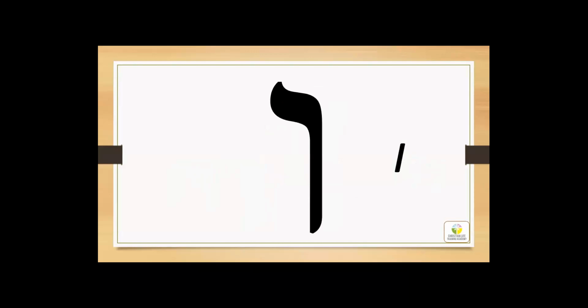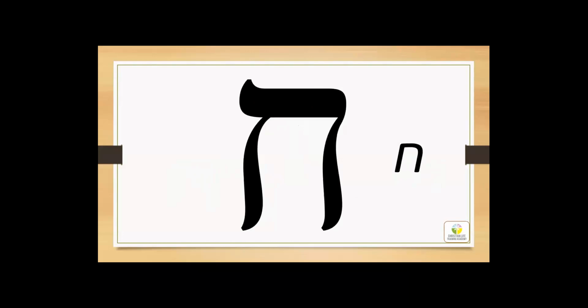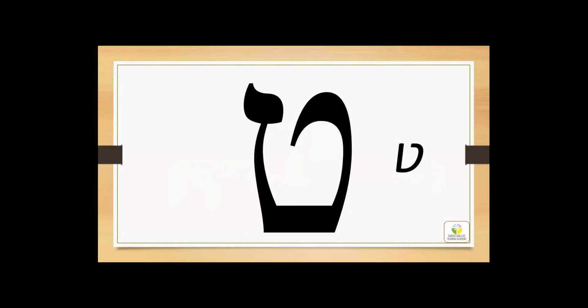Vav, Zayin, Het. Okay, you got it? Het. Tet. T-E-T. Tet. There it starts, T-E, and it goes back, Tet.